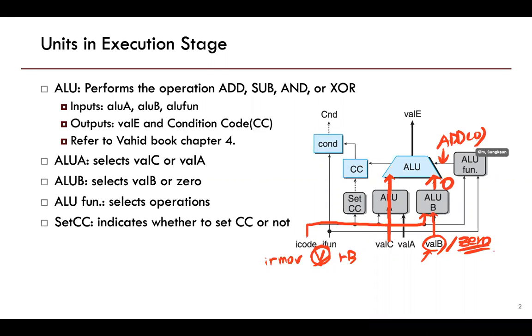We just do V plus 0 and output. This line is connected with the register file, and we can store this value as it is in the register file. That's why the ALU B block is here.